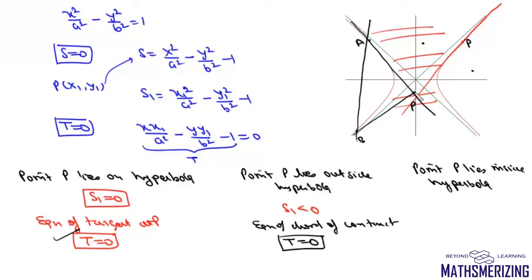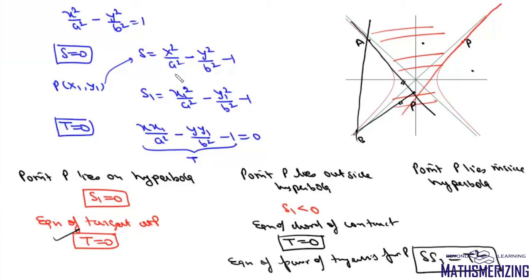And we can also write equation of pair of tangents. So equation of pair of tangents from P, it is given by SS1 equals T square.